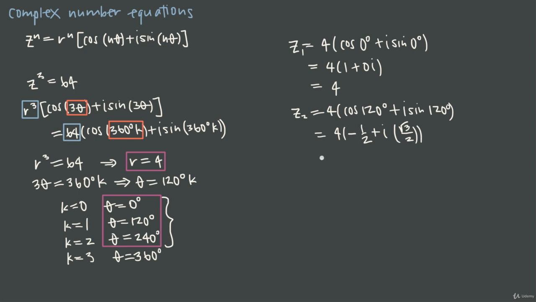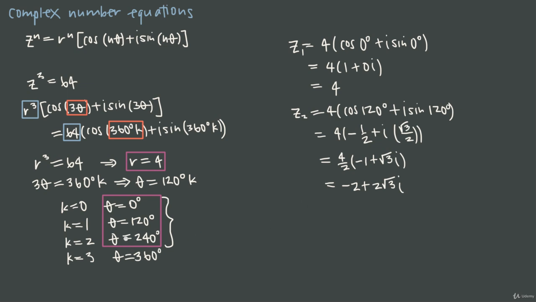So if we factor out a 2, we'll get 4/2 times negative 1 plus root 3 times i. 4 over 2 is 2, so we get 2 times negative 1, negative 2 plus 2 root 3 times i. And that's the value associated with 120 degrees.